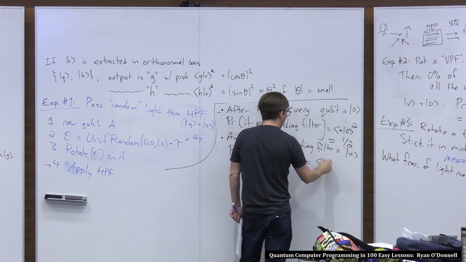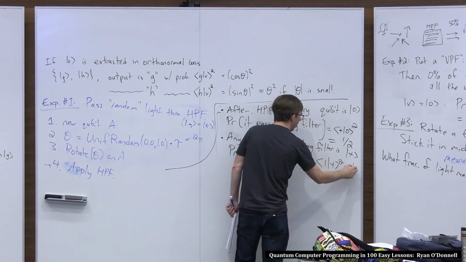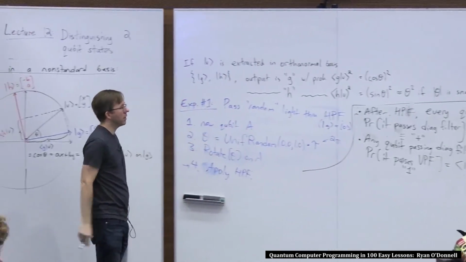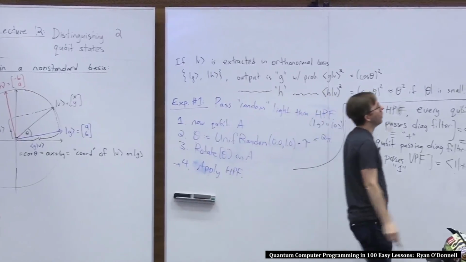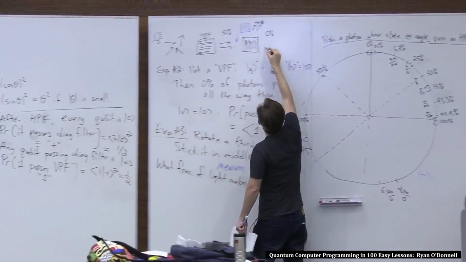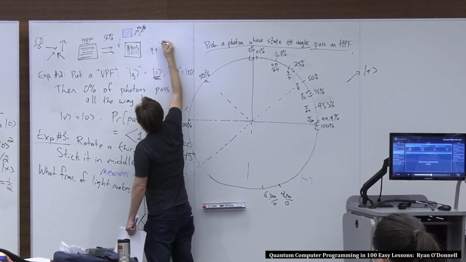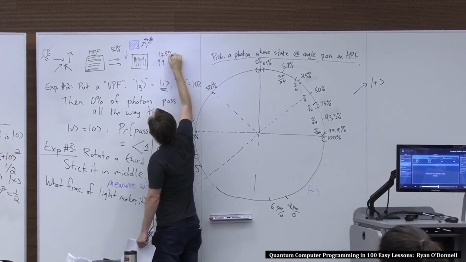Again, this is the inner product of 1 and plus, squared, which is half again, because vector ket 1 and vector plus are at 45 degrees. That's cosine of 45 degrees squared. It means half of all these photons make it through here. If they do make it through, they're all ket 1s. But we get half of 25%, so this is 12.5%.